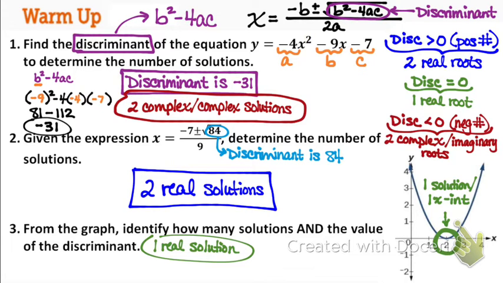It has to be 0. Remember, this is the only place where we get one solution, is if my discriminant is exactly 0.